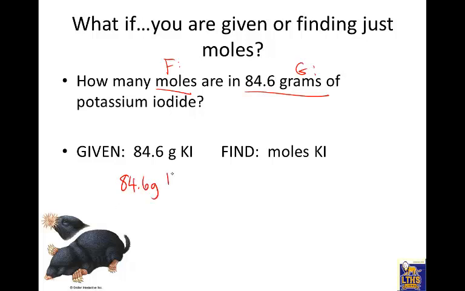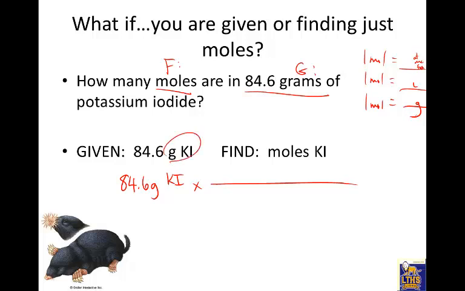84.6 grams of KI. Remember, 1 mole equals, 1 mole equals, 1 mole equals grams, liters, and then atoms, molecules, formula units. We're given grams, finding moles, so we only have to use 1 conversion because both of the units in our problem are the 2 we're concerned about, grams and moles.